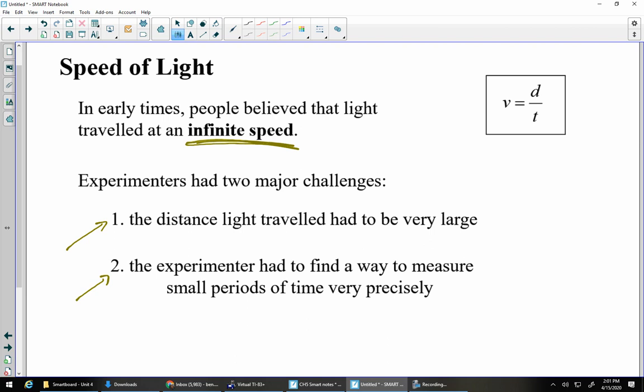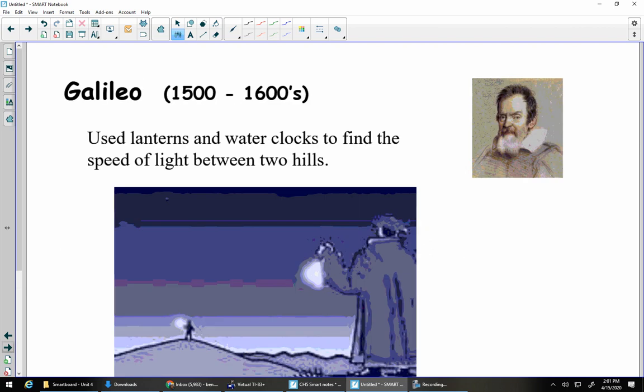Even the other day we talked about speed of light, and we did an example where a light beam traveled, I think it was something like 75 kilometers in approximately 2/10,000ths of a second. That's crazy, just so fast. So how do you first get a distance that big, and second, how do you measure the time that precisely?